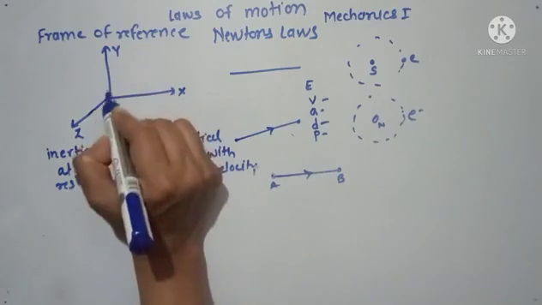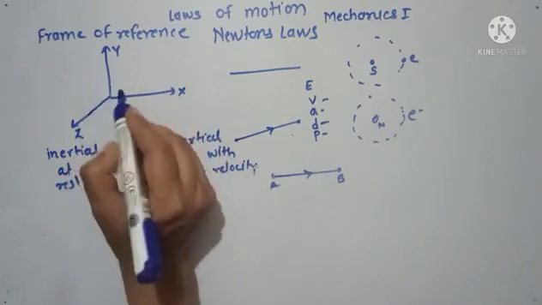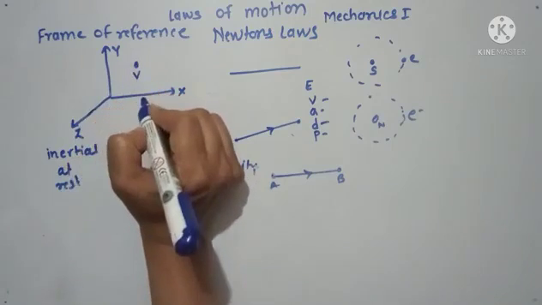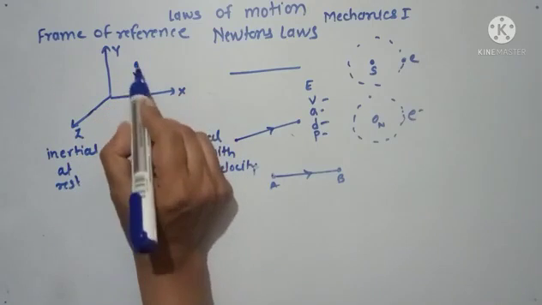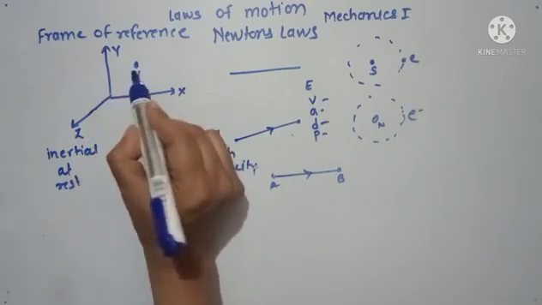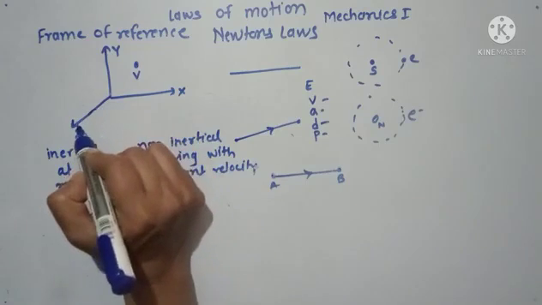For example, if this frame of reference is fixed, and there is a particle moving with a constant velocity v, then the particle is in an inertial frame of reference.